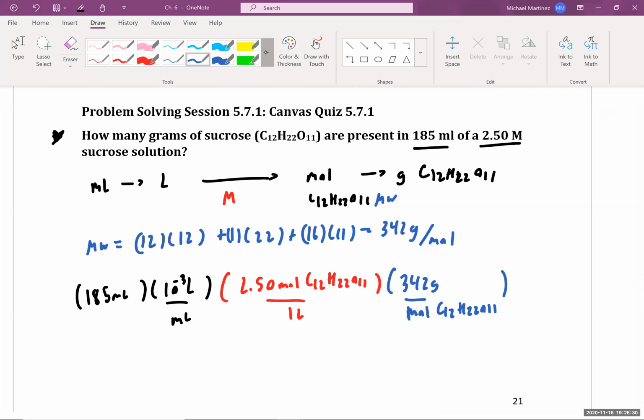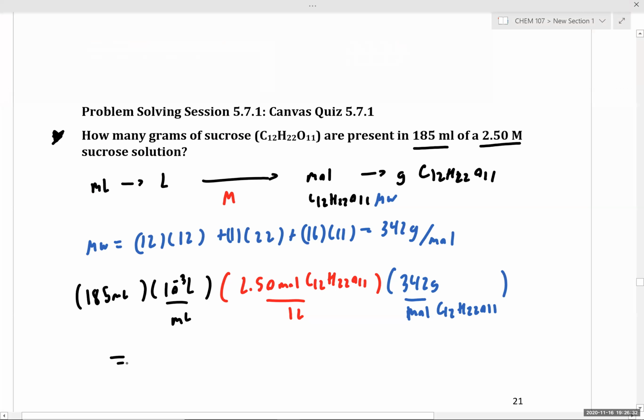Okay, so punching this into our calculator, we have 185 times 10 to the negative third times 2.5 times 342. And that in turn gives us 158 grams. Does this question make sense to everyone?